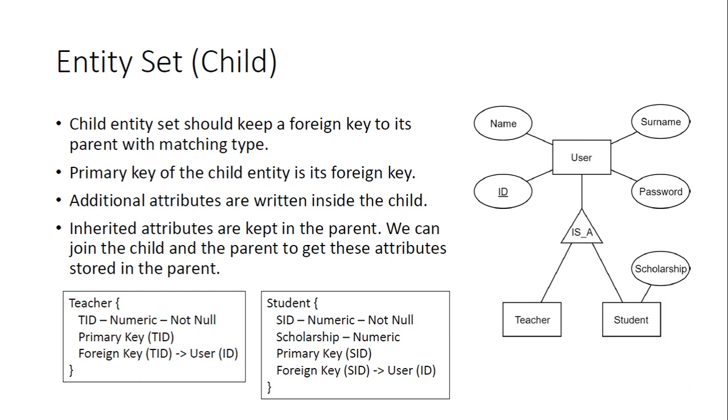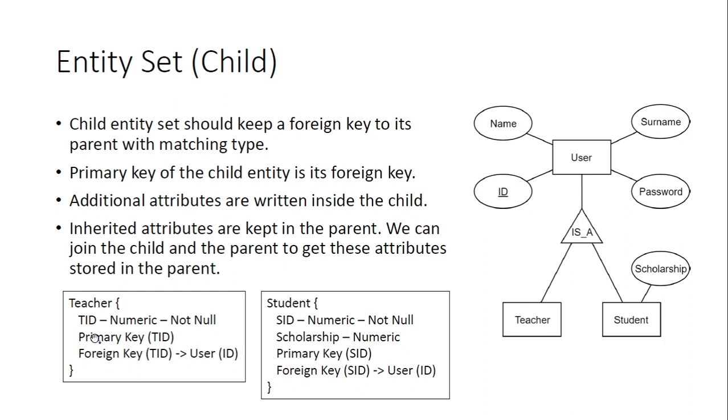It could have been ID as well, but to distinguish the names, for example, for users we have IDs, and for teachers we have TIDs, for students we have SIDs. So having different names could help us to remember which kind of user this is.